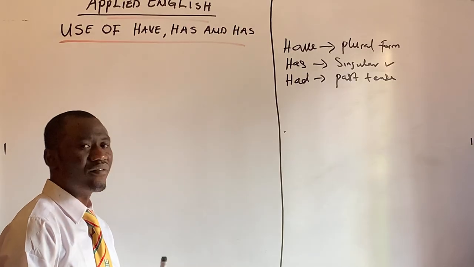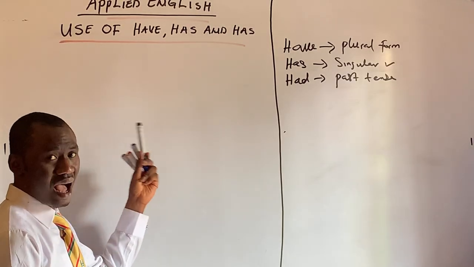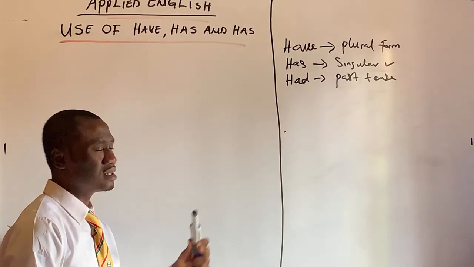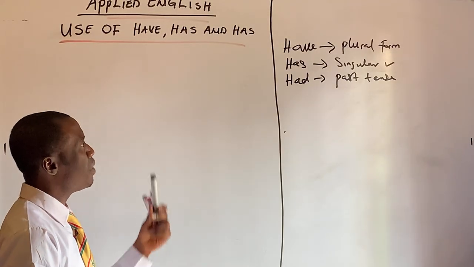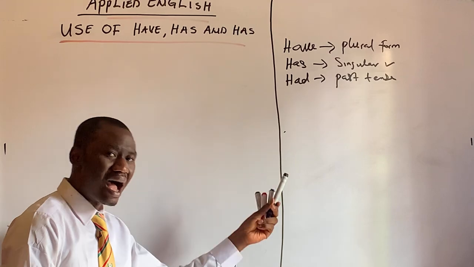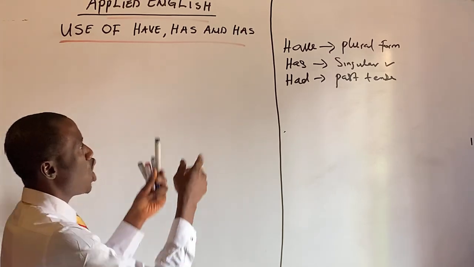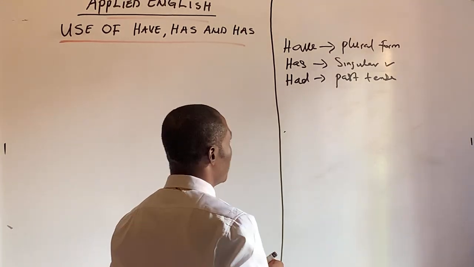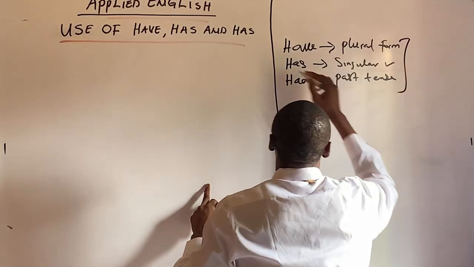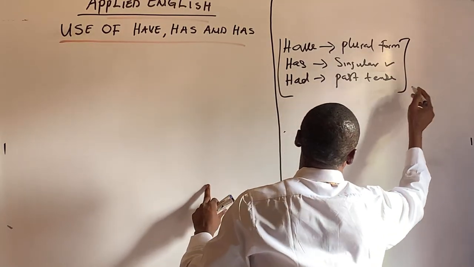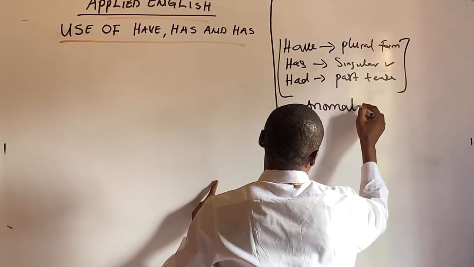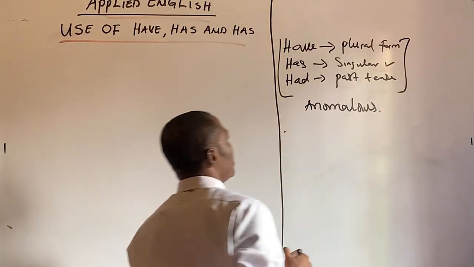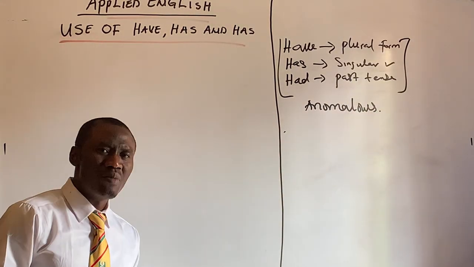Have is the plural form of the verb have, has, and had, while has is the singular form of the verb have, has, and had. Had is the past tense of those three. Now, we have this verb that is collectively called the anomalous verbs. They are known as the anomalous verbs.